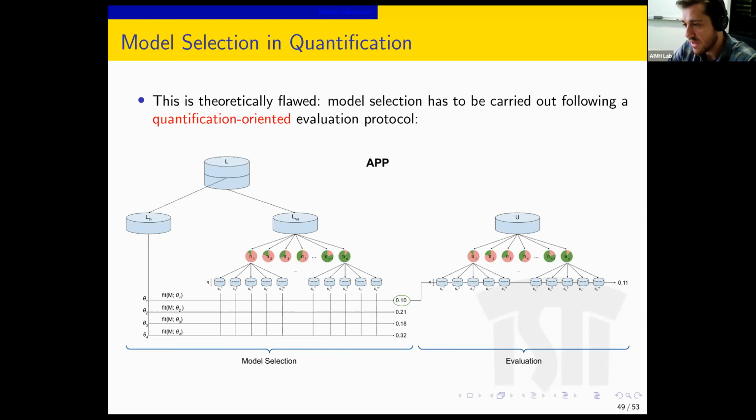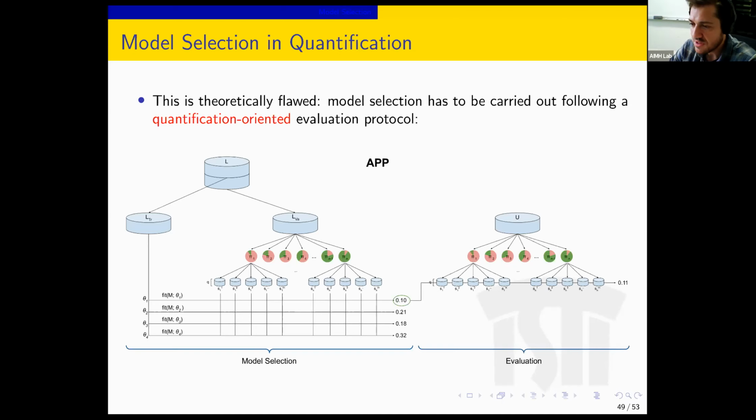Again, we take the model that yields the lowest quantification error. We can imagine that these errors correspond, for example, to absolute error, relative absolute error, or Kullback-Leibler divergence. It doesn't really matter for this example, but this should be a quantification error.